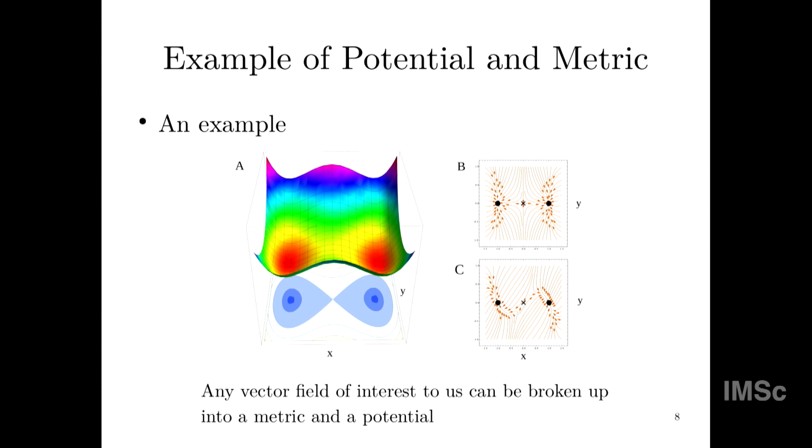So if you see these two plots, the stable fixed points and the saddle point in between are in exactly the same place, but the dynamics of how you go from here to your stable fixed point is very different from this figure, even though they derive from the same potential. So the metric is an extra piece of information that you need in these kinds of gradient flows because it really tells you where you're going to end up. And of course, this is essential from the developmental biology perspective because we want to think about these different stable fixed points as different kinds of differentiated cell types.